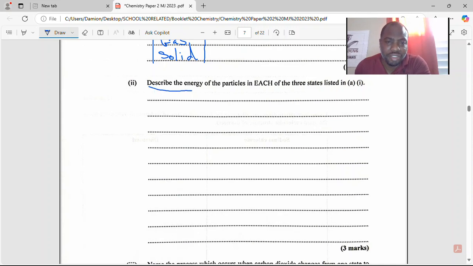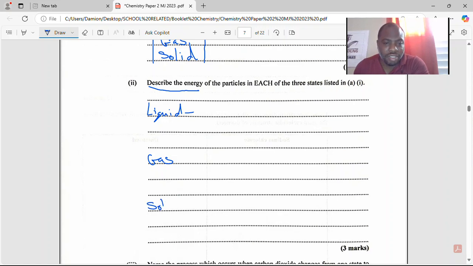Describe the energy of the particles in each of the three states listed. So you started with liquid, so you're going to be talking about the energy of the particles in a liquid. You have gas, you're going to talk about the energy of the particles in gas.